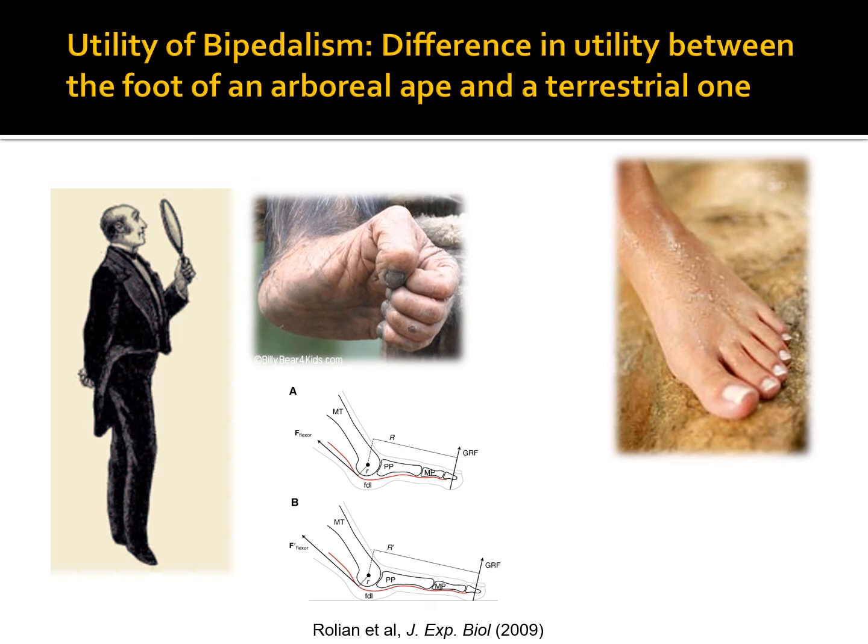So instead of having long toes and short metatarsals like the chimpanzees, we have relatively short toes and long metatarsals, which allows us to use our feet interacting with the ground with way less energy demand.